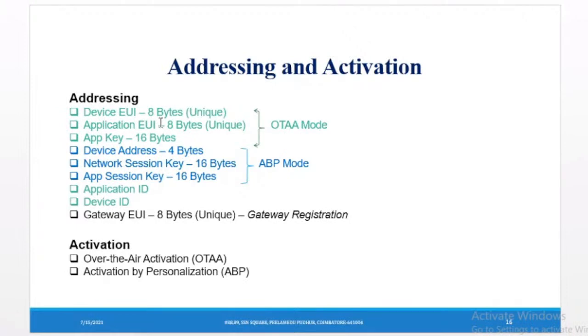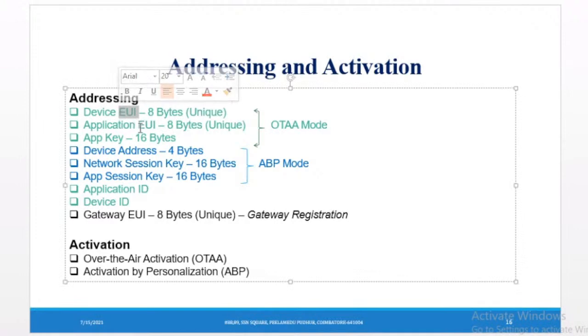Here it is using EUIs, not a direct identity, but in ABP it is using the direct address of the devices. Both methods are secure, but compared to ABP, OTAA is more secure. Why? Because ABP directly uses the device address, while OTAA uses EUIs. That is the major thing.